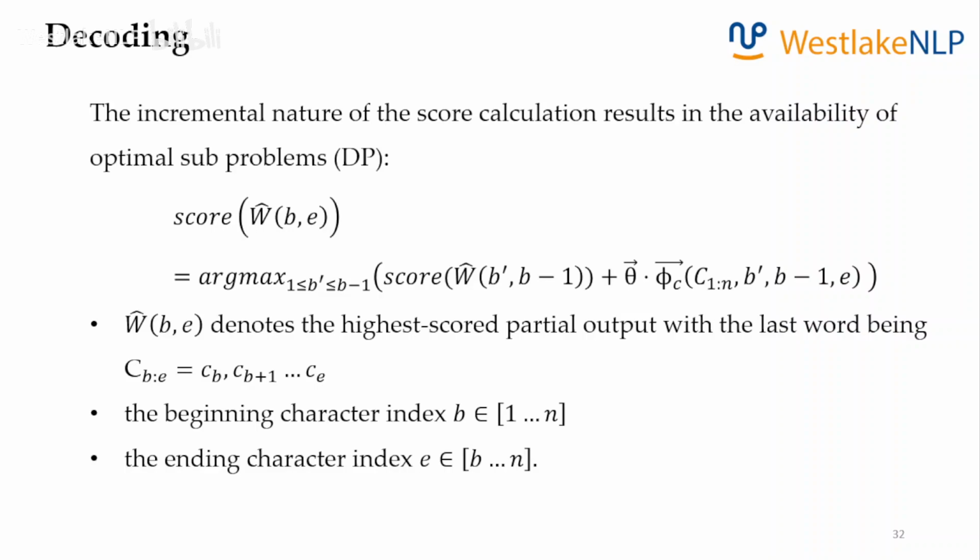You can prove it in the same way as you proved the optimal subproblem for part of speech tagging last week. The principle is very easy. Now with this principle, all you need to do is to build the table W BE, where B is from 1 to n minus 1, E is from 1 to n.